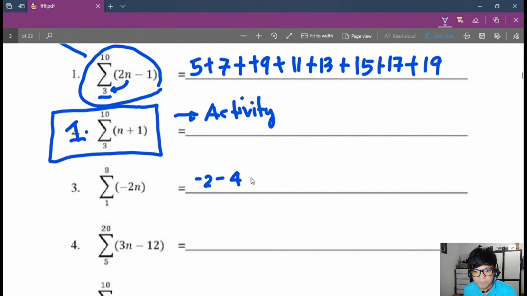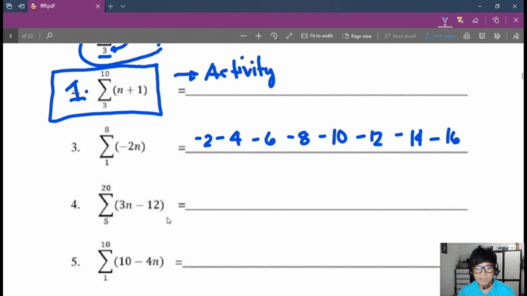Negative 4, negative 6, negative 8, minus 10, 12, 14, ilan na? 1, 2, 3, 4, 5, 6, 7. So, hanggang 16. So, yan yung representation niya.